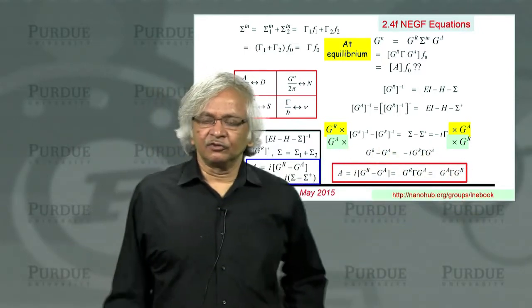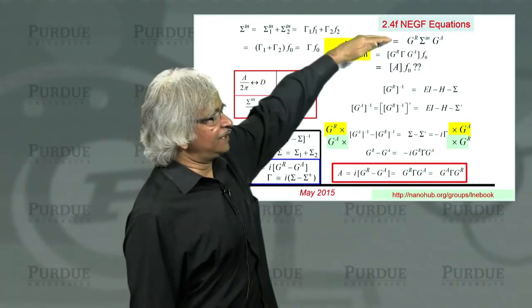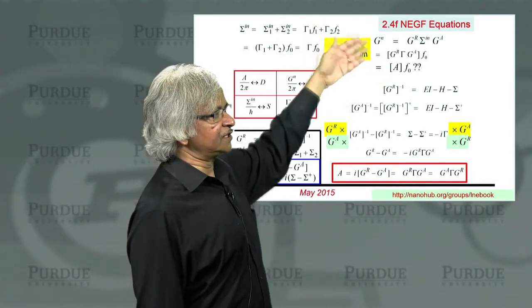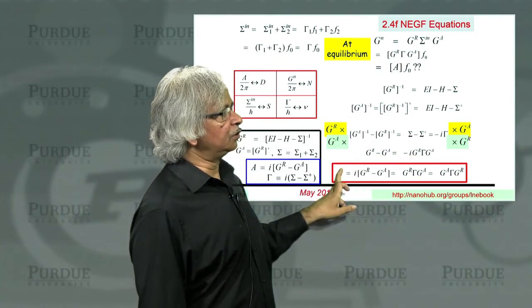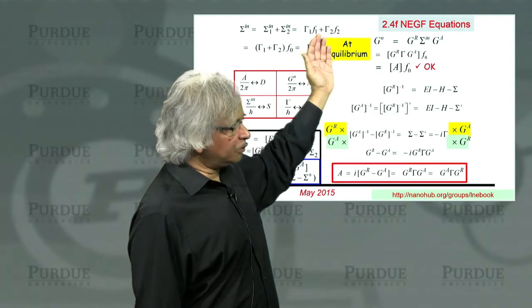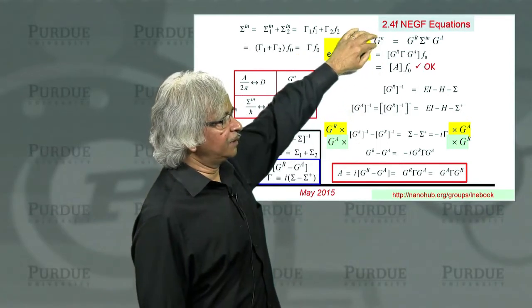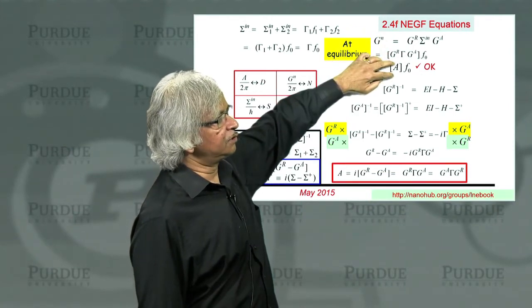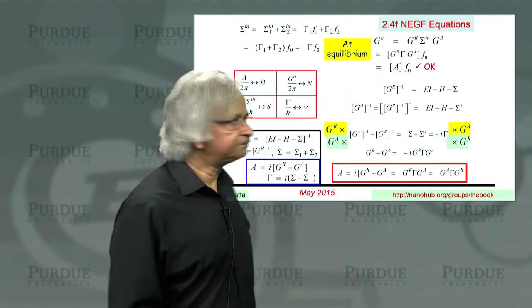But in this context, the main reason I was doing it was to show that the NEGF equation does give you the correct equilibrium result when all the Fermi functions are the same, because GR gamma GA is indeed equal to A. So when you apply it to an equilibrium problem, it gives you the expected result that the matrix Gn that represents the number is equal to the matrix that represents the density of states times the Fermi function.